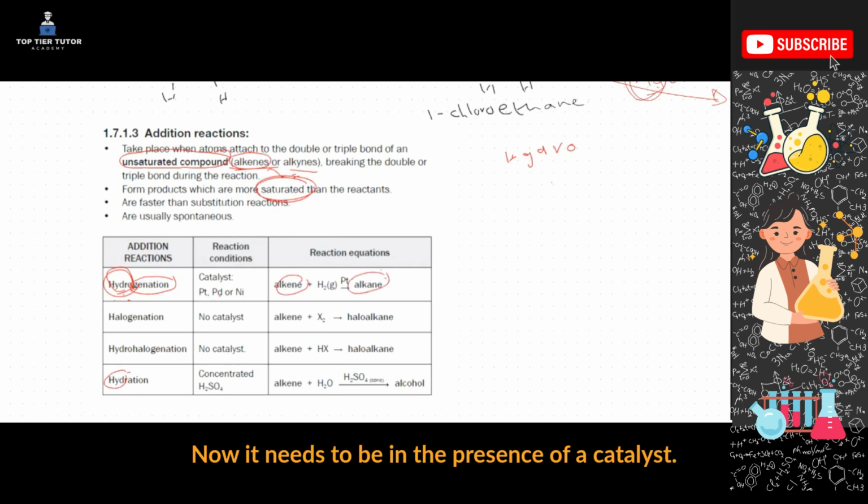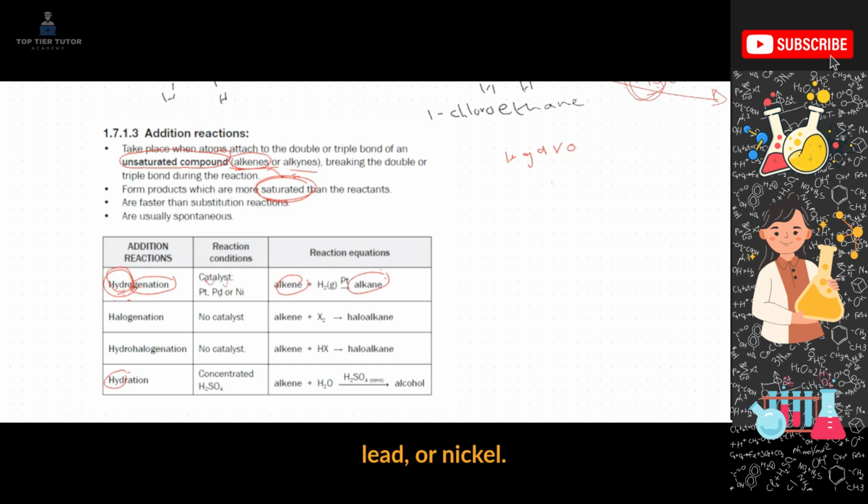Now, it needs to be in the presence of a catalyst. A catalyst is a compound that does not take part in the reaction, but speeds up the rate of the reaction. The catalyst can be either platinum, palladium, or nickel. So for an example here, say we had an alkene and we reacted it with hydrogen in the presence of platinum, then we would produce an alkane.